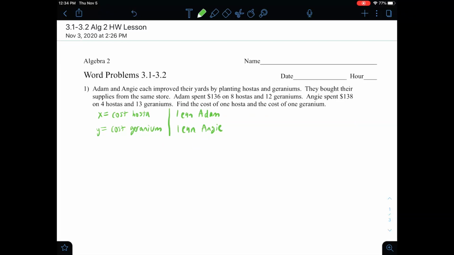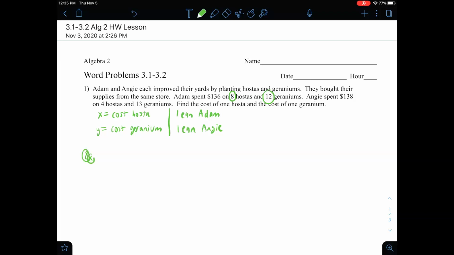So basically when you're setting up these problems, like Adam, he got 8 hostas and 12 geraniums. Well, how much you spent on hostas depends on how many hostas you had, which would be 8, right? Times the cost of each hosta, which is x, right? If I have 3 sodas and they each cost $2, it's going to be 2 times 3, which is 6. Same thing here.